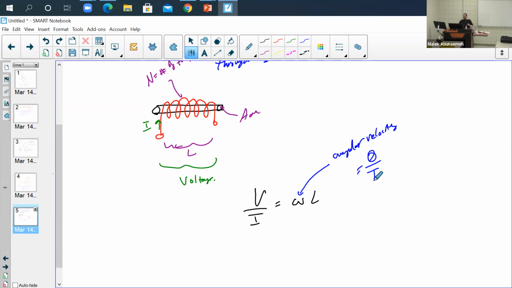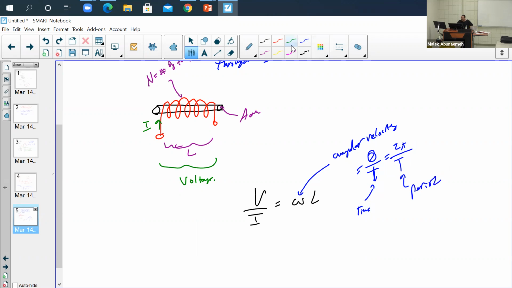Now, the angle that we have, the rotation, is going to be 2 pi for a full rotation, for a full circle, divided by the time. So the time that we're actually dealing with is your period.